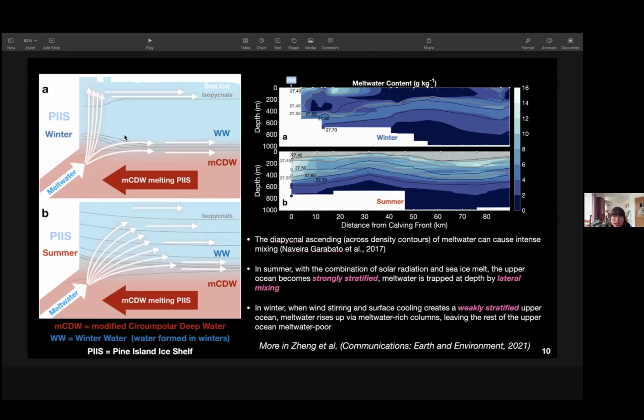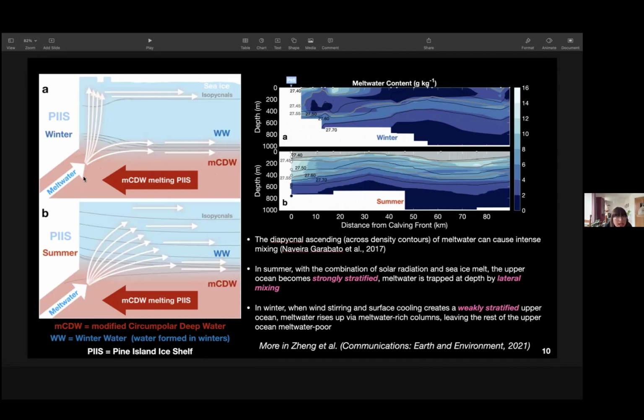The wind stirring and also the very intense surface cooling creates very weakly stratified water. So now you only have this interface between winter water and modified circumpolar deep water. And above this, everything is relatively homogeneous.